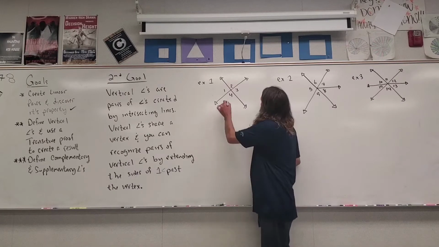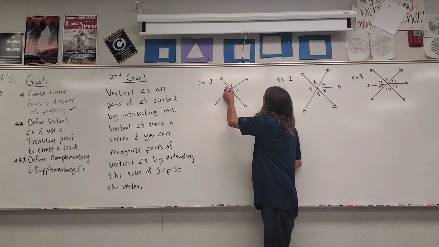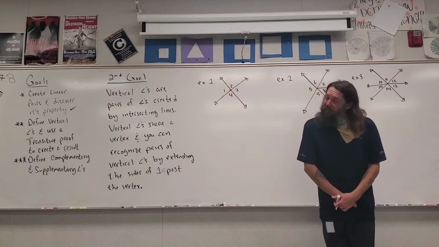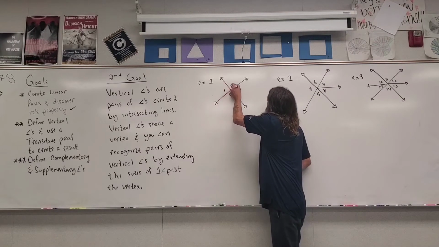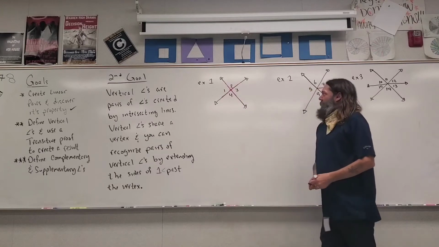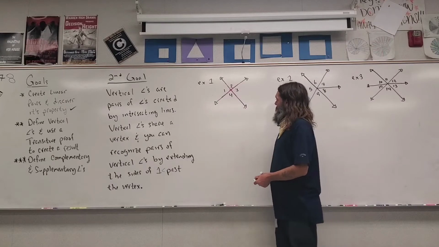Okay. So here I have a vertex, and I'm going to highlight my angle 1. Okay. And if I extend my sides past the vertex, I've created angle 3. So we would say angle 1 and angle 3 are vertical angles.